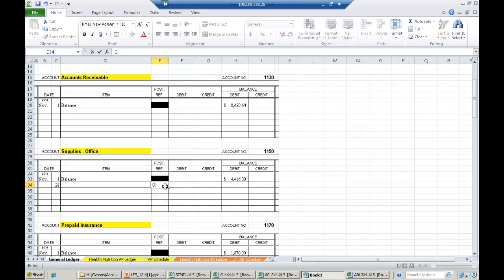We got it from G11, page 11 of the general journal, and we're going to debit the amount of $125. We received more supplies. Again, we're going to put equal. This carries a normal debit balance because it is an asset. Take our total plus our debits minus our credits. Always going to carry a normal debit balance.